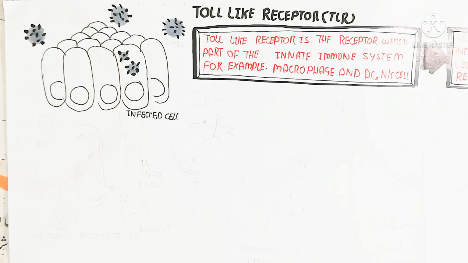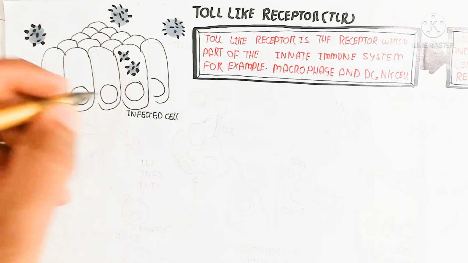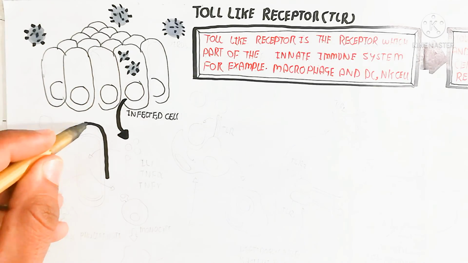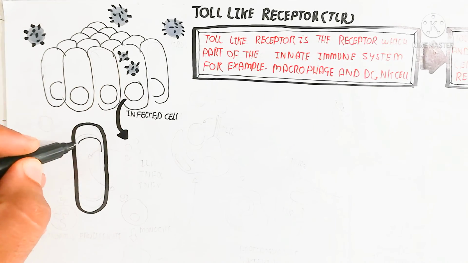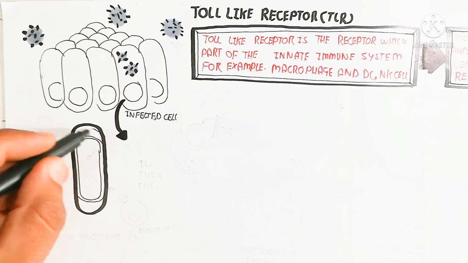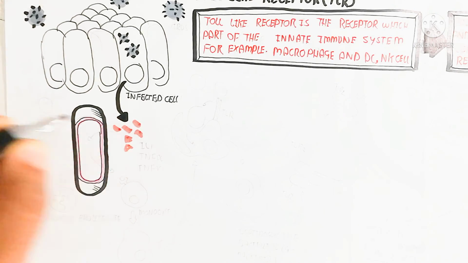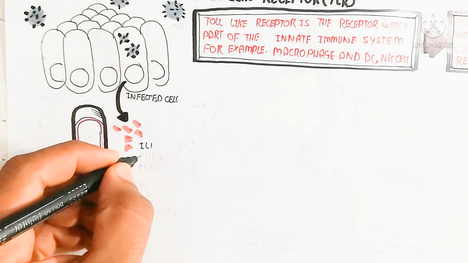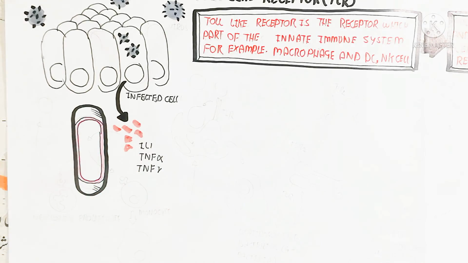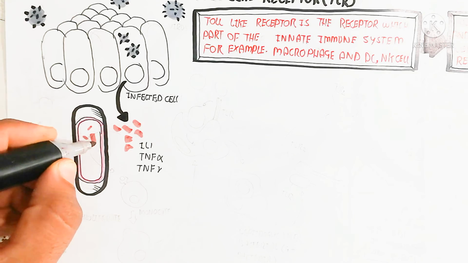After the infection, the cell also produces tumor necrosis factor alpha and interleukin, and tumor necrosis factor gamma, which are used for binding with the cell itself, autocrinally, to kill that cell.